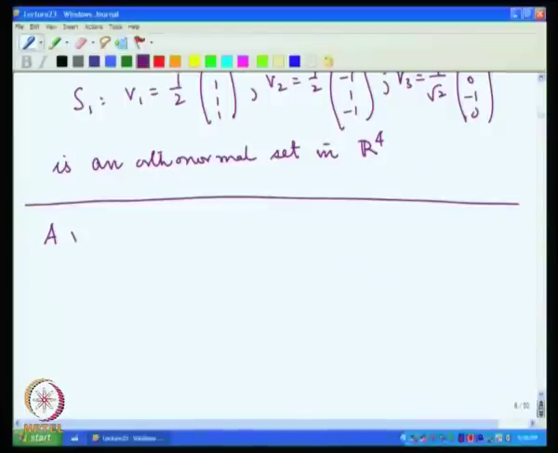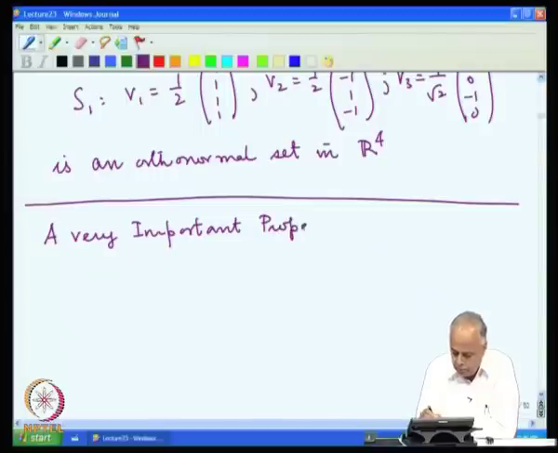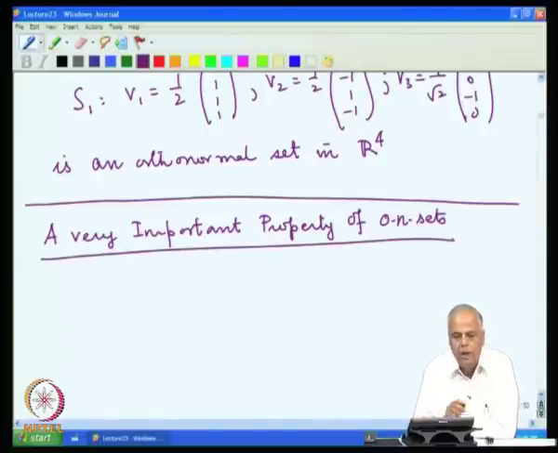So, we now have this notion of orthonormality in an inner product space, particularly Rk with this inner product. Now, we are going to look at a very important property of orthonormal sets, I will write ON sets for orthonormal sets.